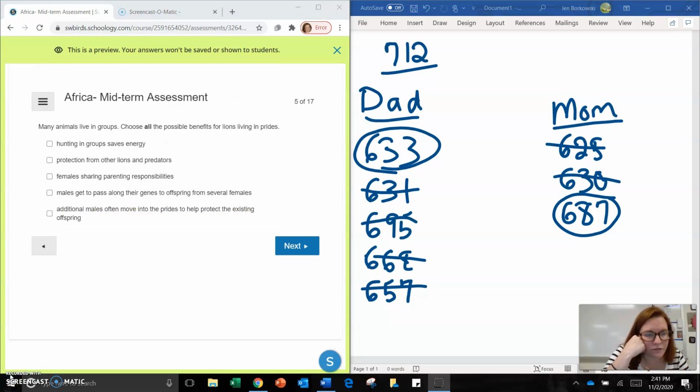Okay, question 5 asks us reasons why it might be good, beneficial, for lions to live in groups. Well, we know that hunting in groups does save energy because generally animals that are hunting by themselves aren't super successful.